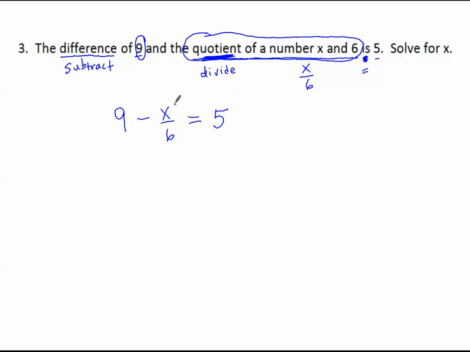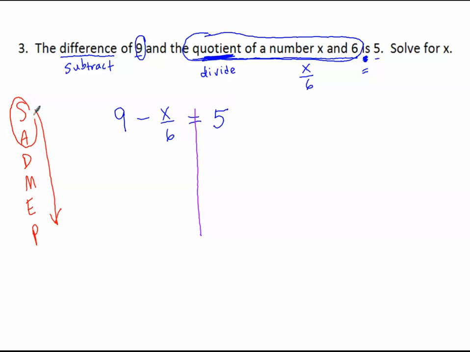Now we can solve for x. So I want to get x by itself. When I have an equation, I like to remember that the equals divides the two sides of the equation. So anything I do on one side, I do to the other side. So I'm trying to get the x by itself. Remember, we follow the order of operations backwards, PEMDAS, but we're following it backwards.